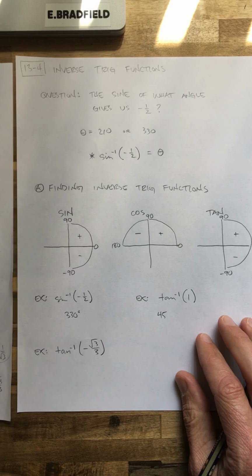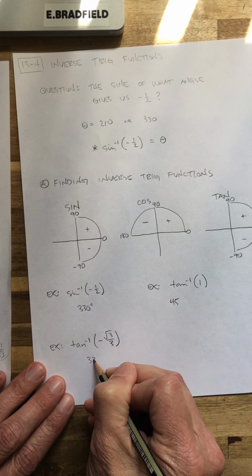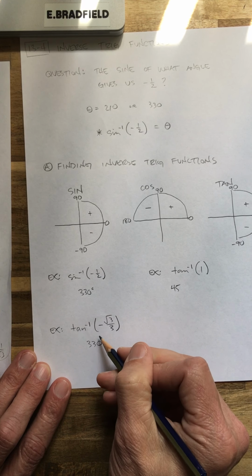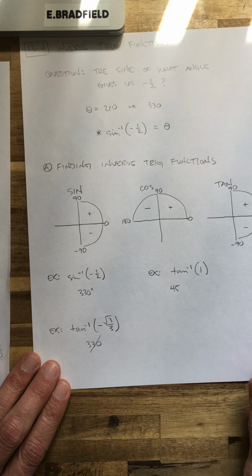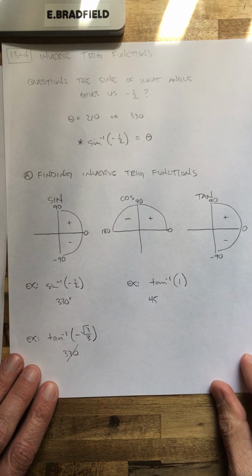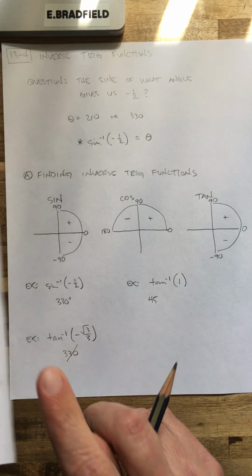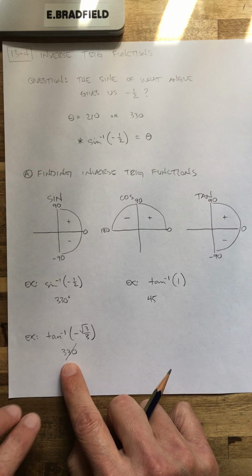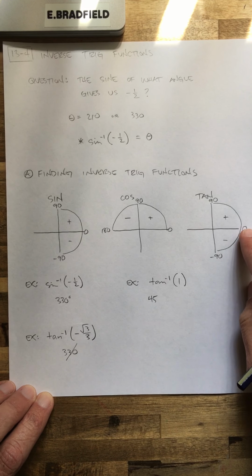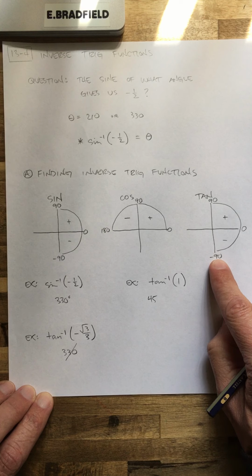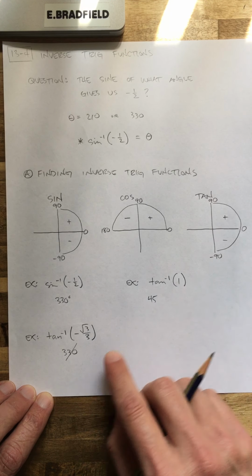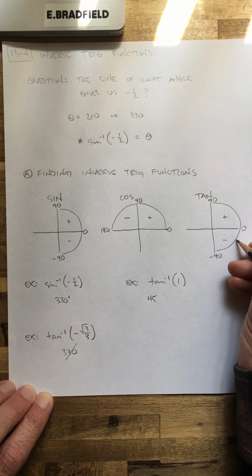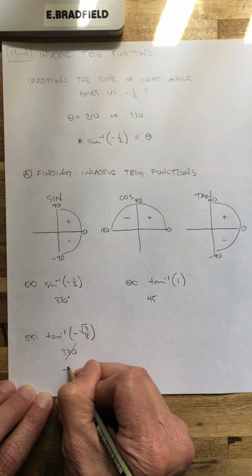That's 330. Now before you write down 330, that's not going to work. That's not your answer. Why? Is 330 in between 0 and negative 90? No. So 330, what's the reference angle? It's 30 degrees, so just subtract off 30 degrees. So it's negative 30.